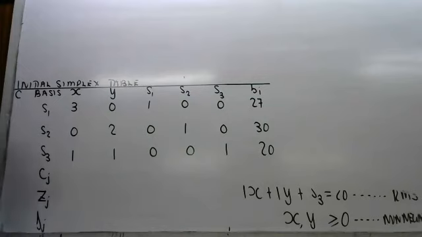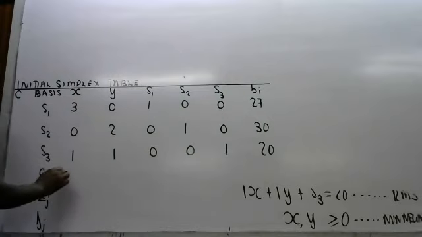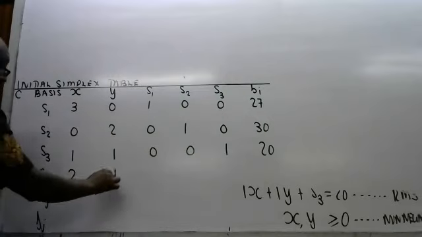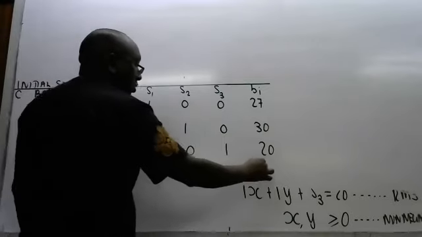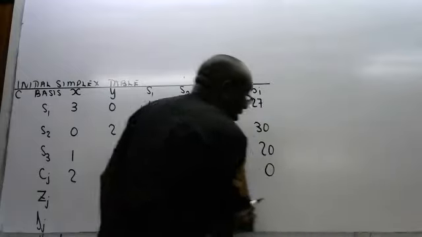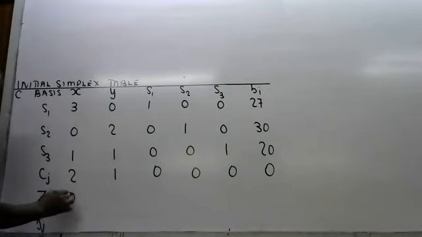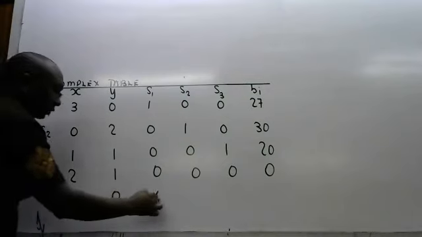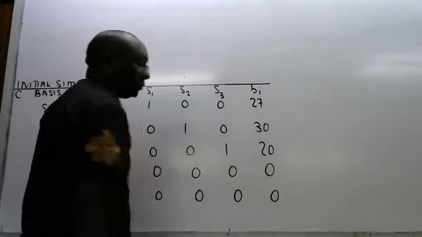For CJ, you copy the items that were in the objective function: 2, 1, 0, 0, 0, 0. Then ZJ, I told you it is zeros. In the initial simplex table, it is zeros.